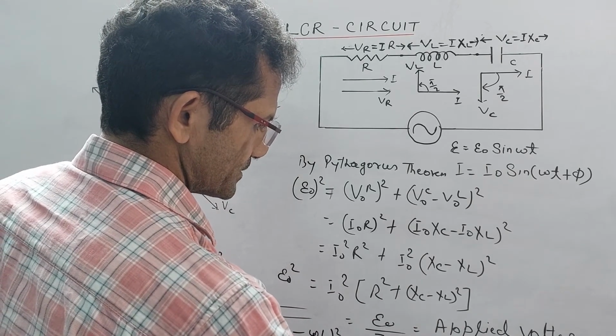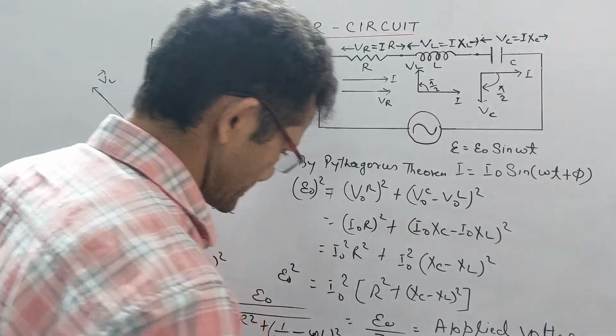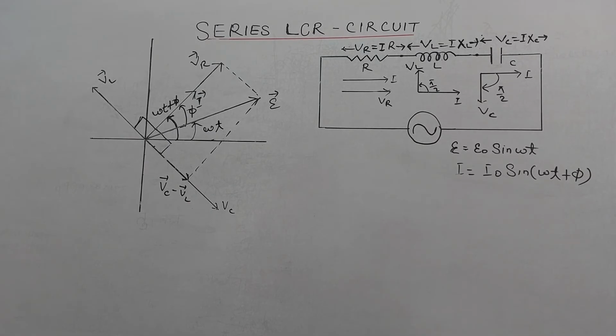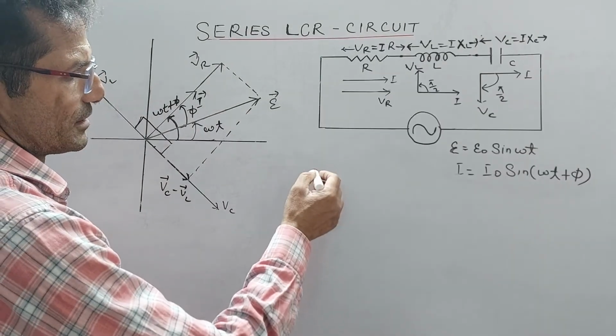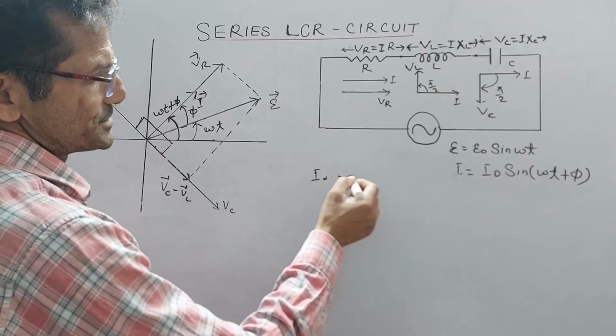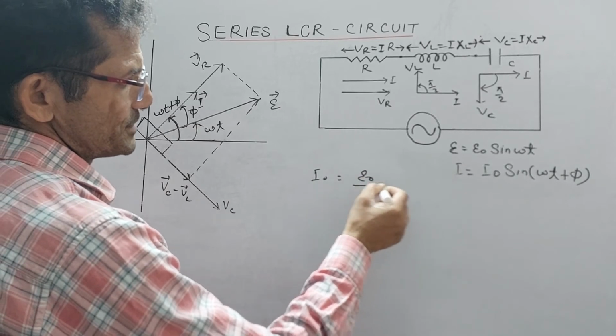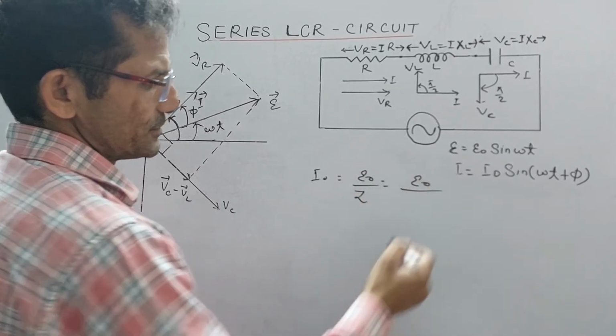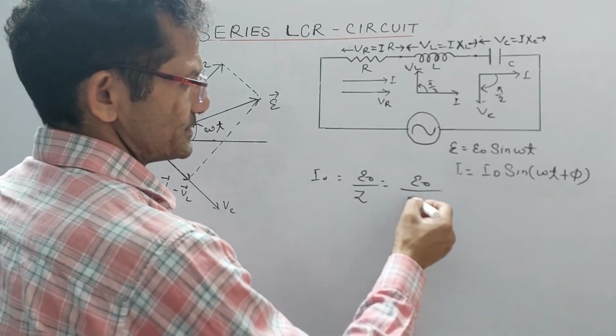Impedance means resistance of the LCR circuit. Therefore, I naught is equal to E naught divided by Z. Your Z has the value of impedance.